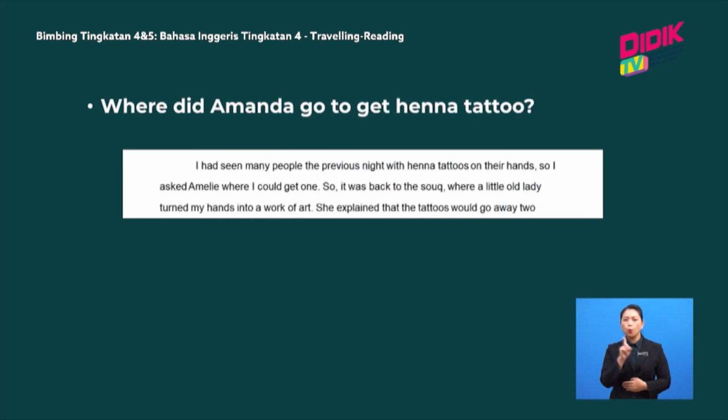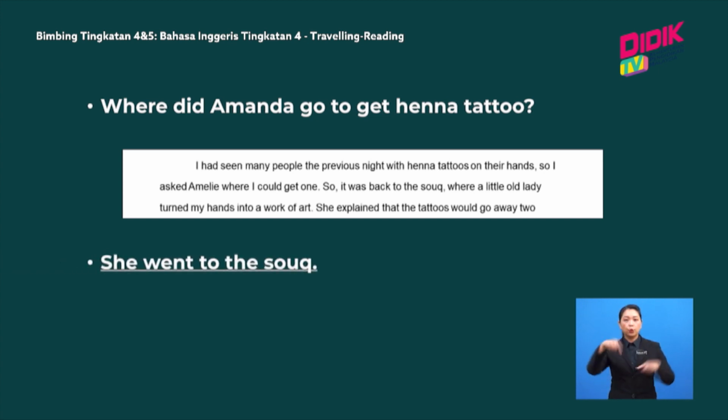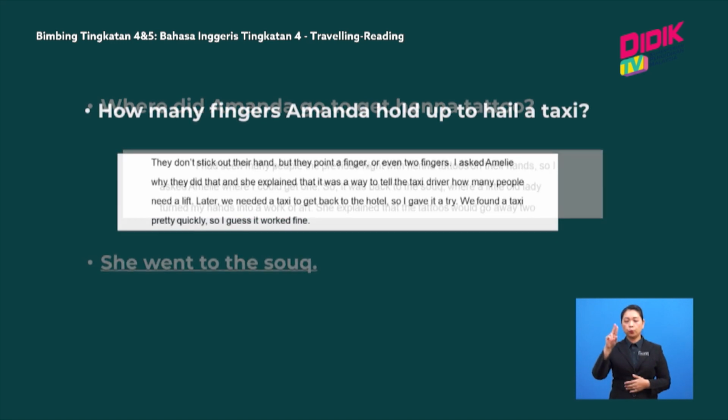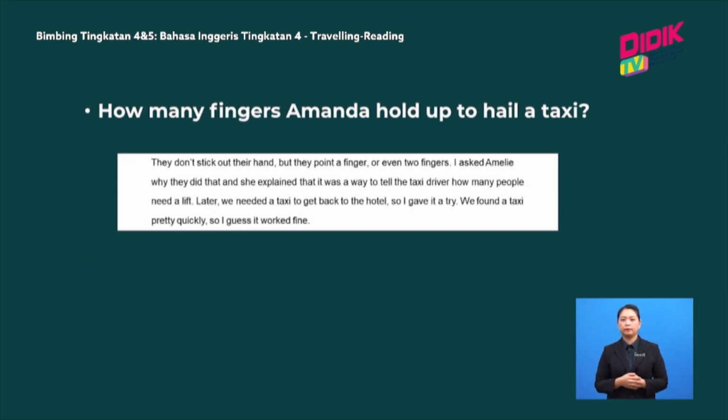For the next paragraph, question 1. Where did Amanda go to get a henna tattoo? Now look at the text. She went to the souk. Question 2. How many fingers did Amanda hold up to hail a taxi?